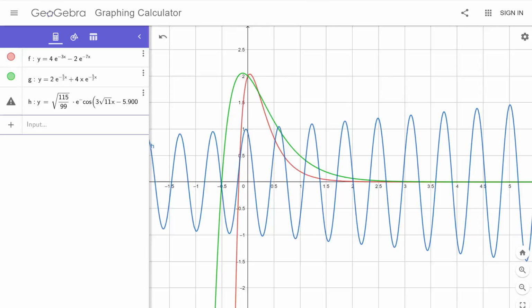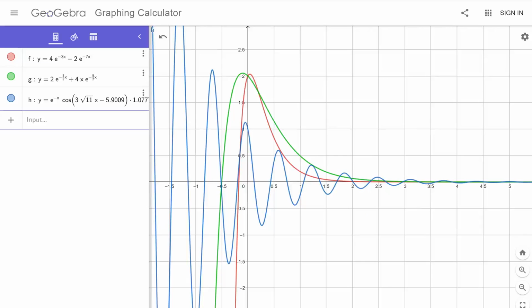Something is wrong with the Algebra calculator. I don't know why they put a there. How about if I put it in front? e to the negative x. Something is wrong with it. Let me figure out what's wrong.